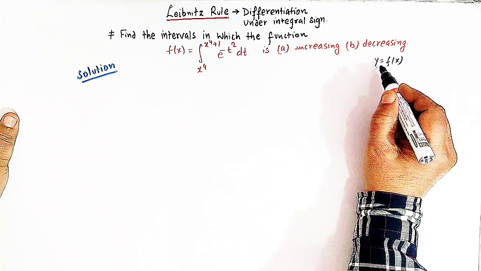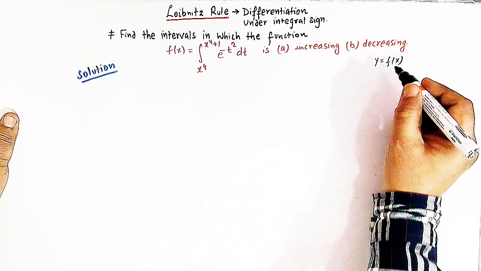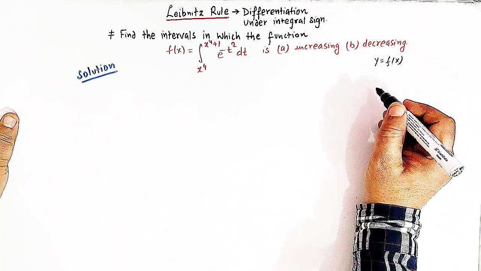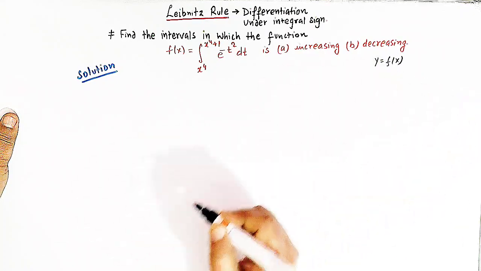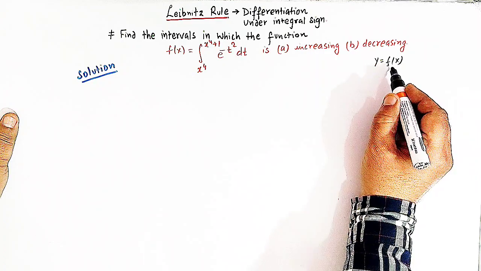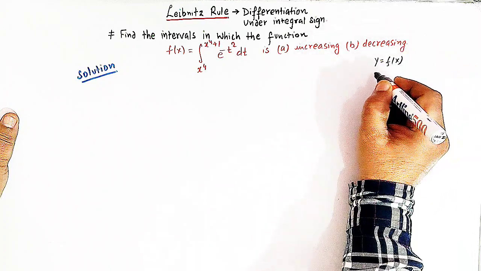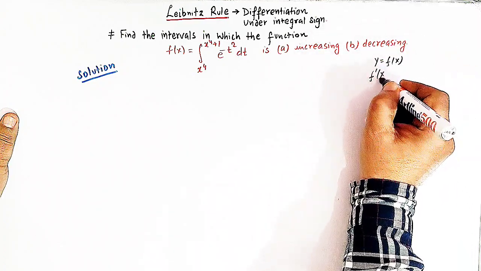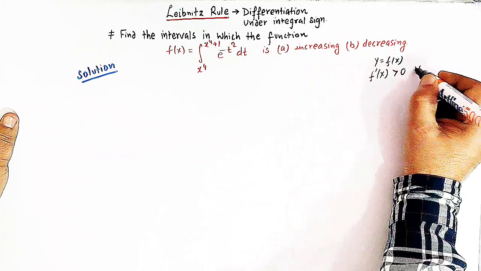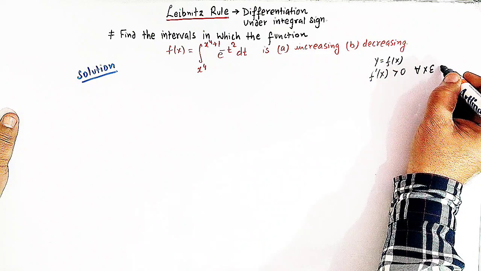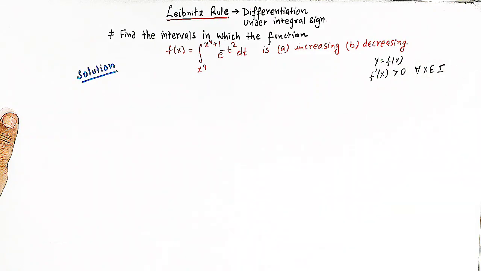If we have a function y is equal to f of x which is continuous in some domain, then this function f of x is said to be an increasing function or strictly increasing function if the derivative, that is f prime of x, is greater than 0, right? For all x belonging to some interval, say I1.